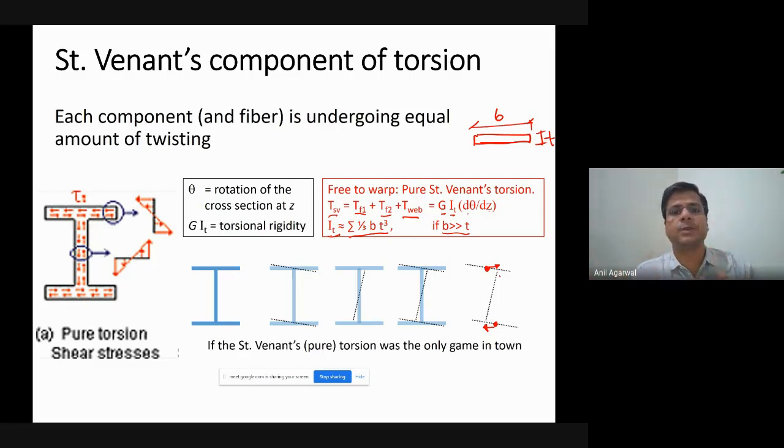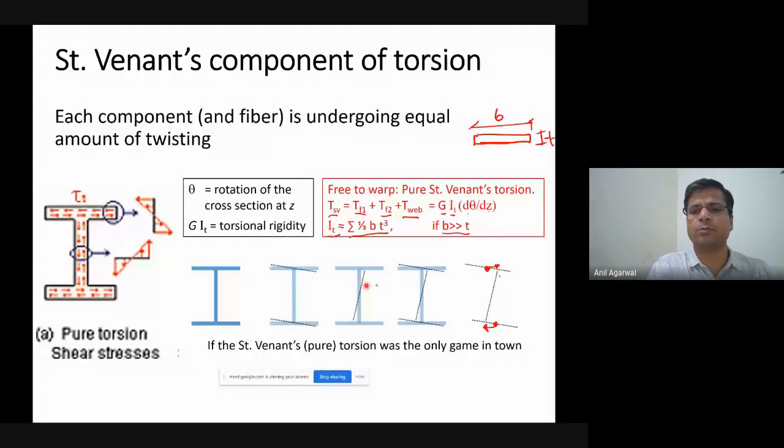However, when the cross section is made of three plates, like shown here, it can be a channel section, an I section, a box section, no matter which kind. The reason is that the joint between the plates creates a lack of compatibility if there is no warping.